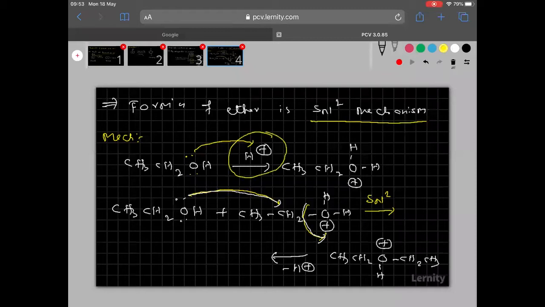Is it clear? Then what is the thing that is formed here? CH3, CH2, O, CH2, CH3. This is called what? Diethyl ether. So please write quickly.